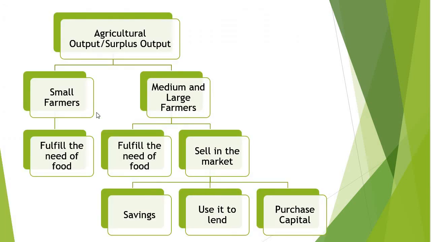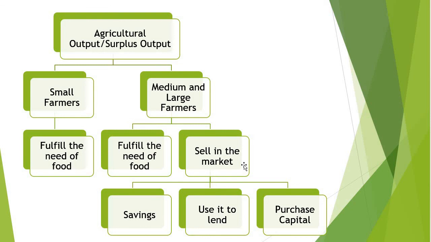The last topic that we have studied is agricultural output, or the surplus output. Now the small farmers do not have surplus output, because whatever they produce, they need to feed their family with that production, so they only fulfill the needs of food. Now the medium and large farmers, on the contrary, keep a certain amount to fulfill the food requirement of themselves and the family, and they sell the extra in the market.